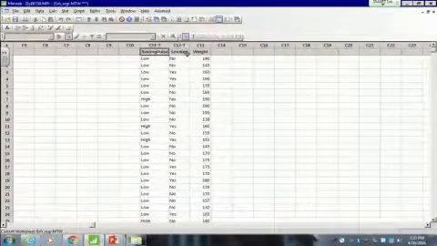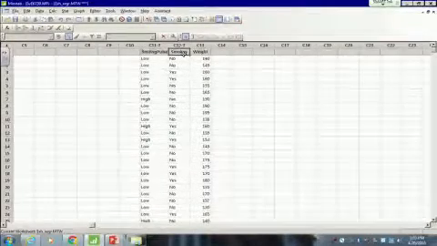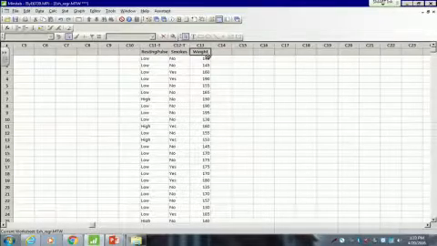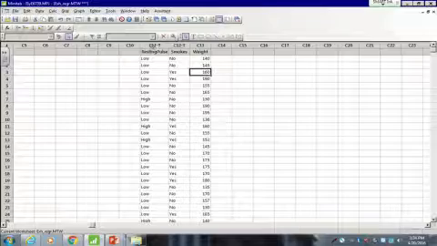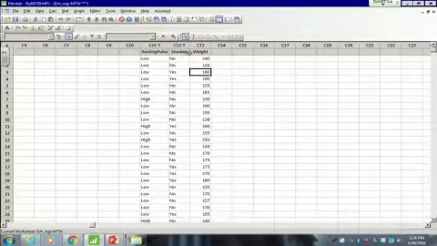We have two predictors. One is categorical, whether a person smokes or not, and the other one is weight, which is the continuous variable. So we want to predict Y using smokes and weight.